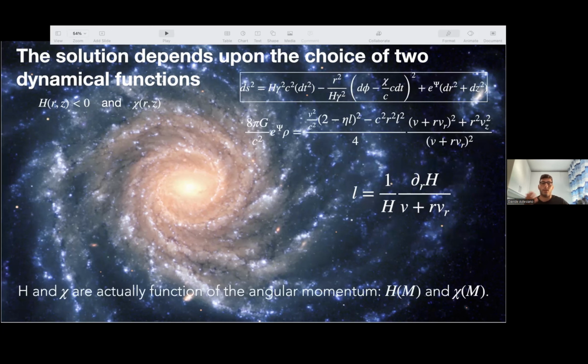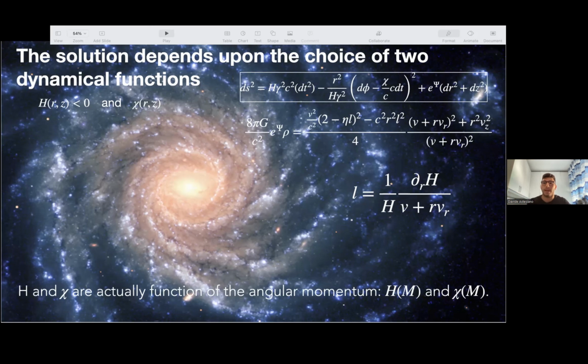Once you choose h and k, you find the model, and then you can find the density through this equation. Psi is completely fixed again from the equation, and you see from the general solution that it's very easy to have dark matter effects. What does it mean?